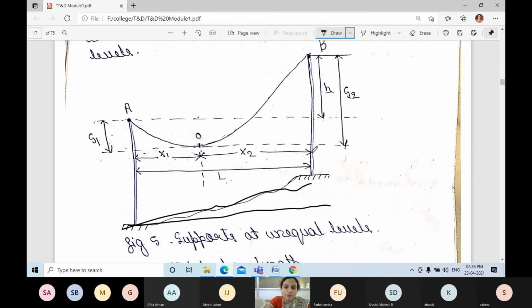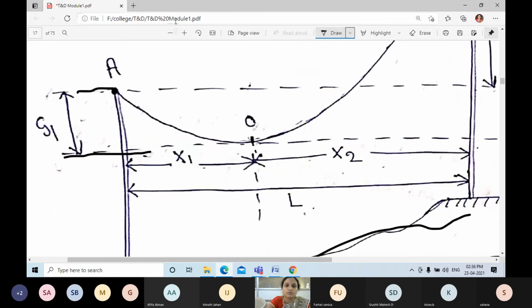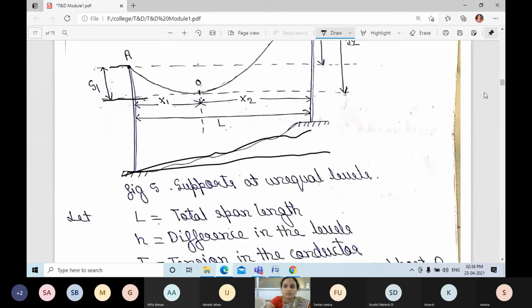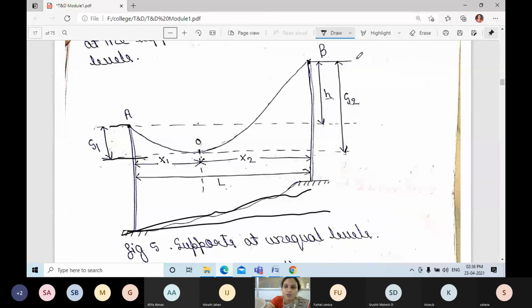Overall L. Next, from A to this dashed line, this is S1, and from support B from point O to the straight line, this is S2. The difference between S2 and S1 is nothing but H.